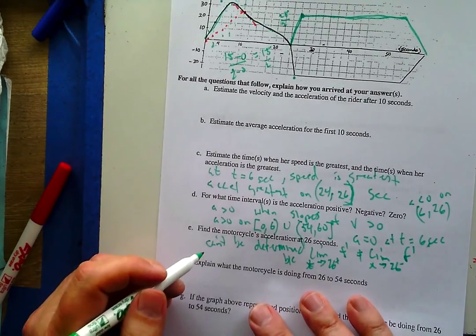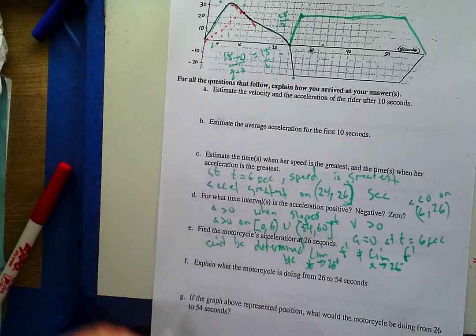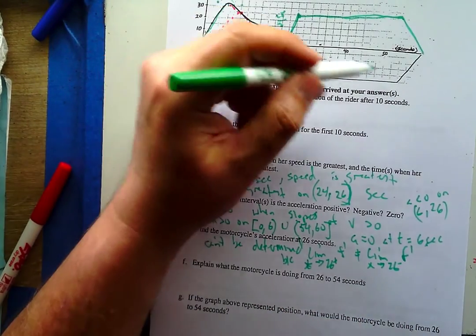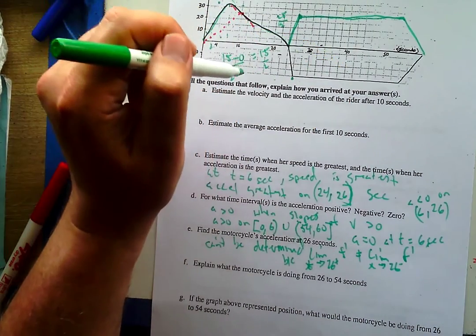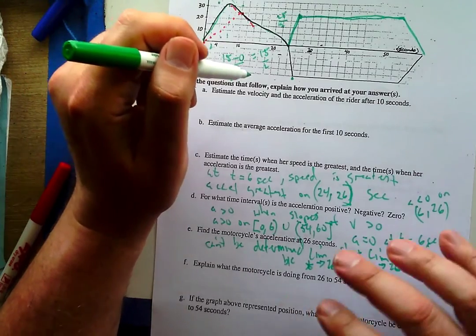Explain what the motorcycle is doing from 26 to 54. So a lot of students want to say from 26 to 54 the motorcycle is not moving.